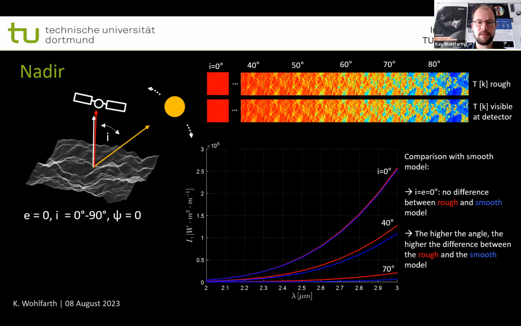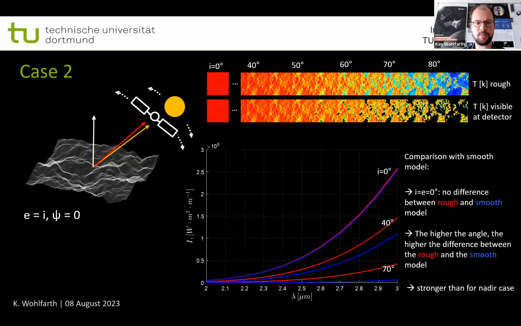But the geometries can be more complicated, and I have this case number 2. It's not really complicated, but it's a different geometry where the spacecraft and the sun basically look into the same direction, and I computed the same thing.